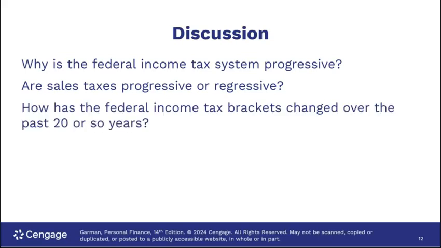So how have the federal income tax brackets changed over the past 20 years? The brackets rise every year. So if we looked at a tax rate schedule from 20 years ago, we would see much lower incomes, especially after the inflation that took place during COVID.